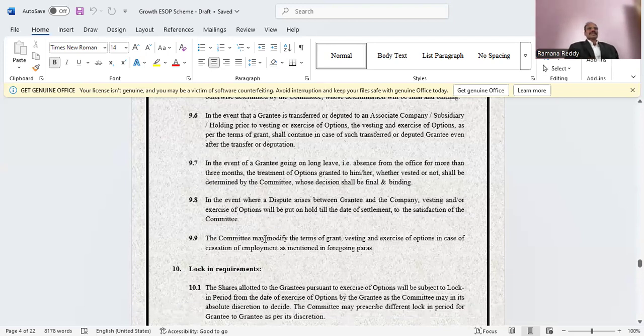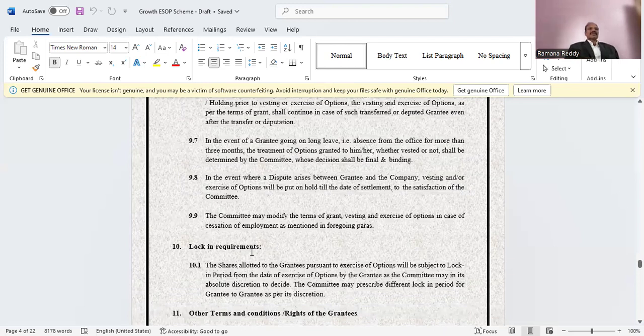In the event a dispute arises between the grantee and the company, the vesting and exercise of options will be put on hold till the date of settlement by the committee. Once that dispute is finalized, then shares will be released. So the committee may modify the terms of grant, vesting and exercise of options in case of any cessation of employment mentioned in the foregoing paras, as we have discussed now.